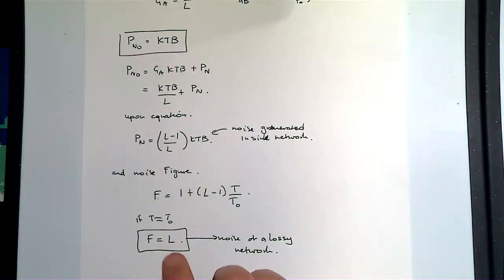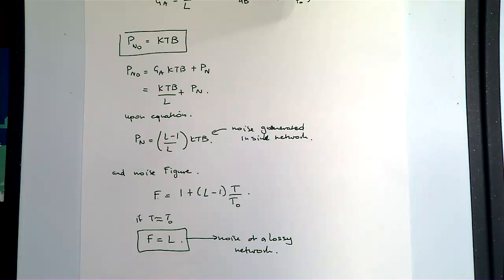Now, one of the things that people constantly get wrong and confused about, and I just want to re-emphasize this before we move on, is the noise figure for some passive lossy element. For example, if I said I've got an attenuator with 4 dB loss, what is its noise figure?